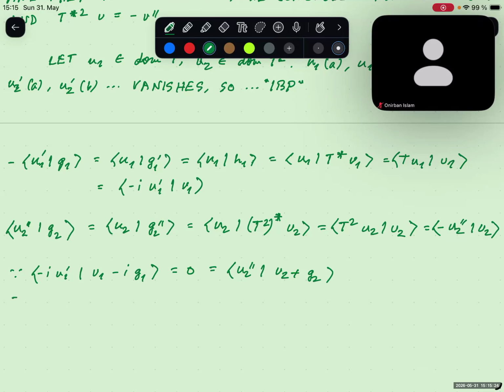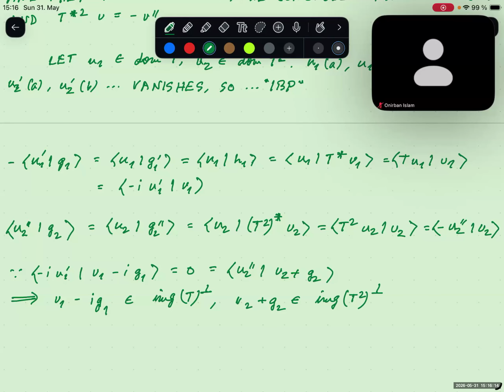And then what does it tell? It tells that this orthogonality that we had yesterday: v1 minus i g1 is in the image of T perpendicular, and the same for the other, which means that v2 plus g2 is in the image of T squared perpendicular.